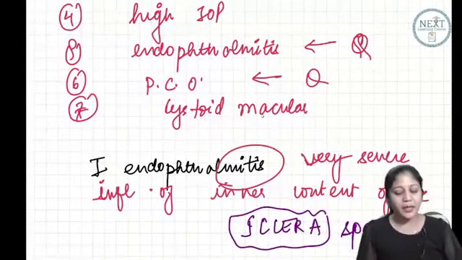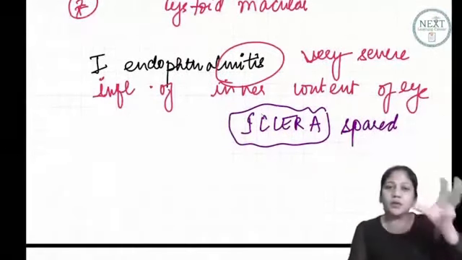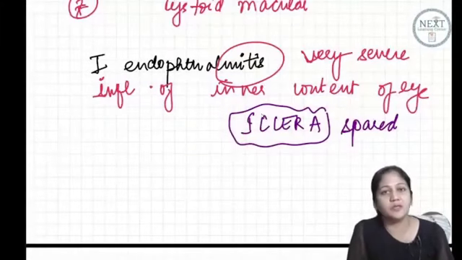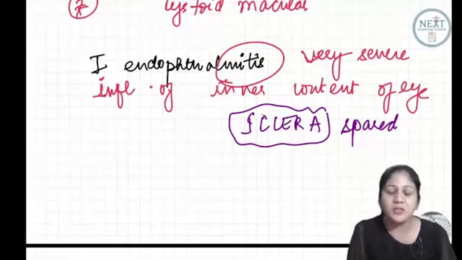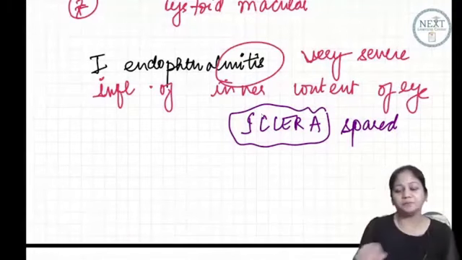Endo means the inner contents. Your inner contents of the eyeball are severely inflamed. It's a very severe inflammation of the inner contents. What is not affected, what is not inflamed, is your outer coat, which is the sclera. Now let's see what happens.